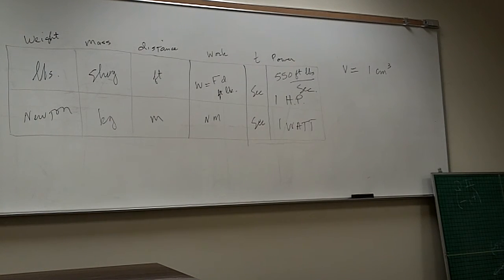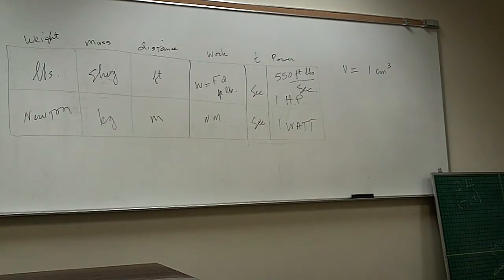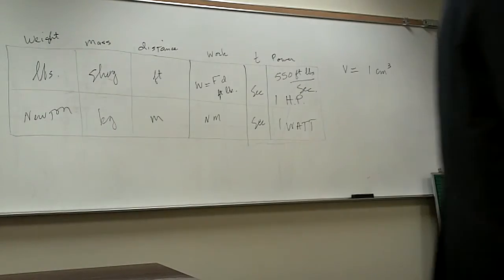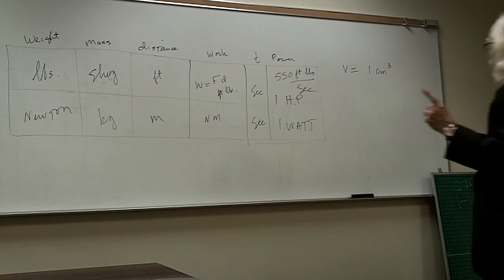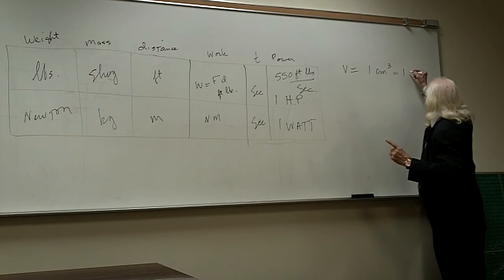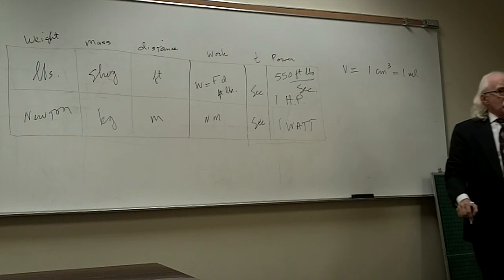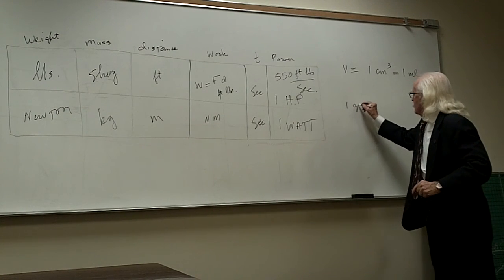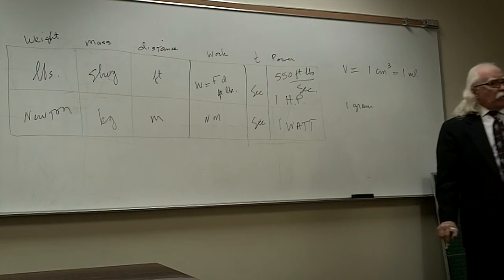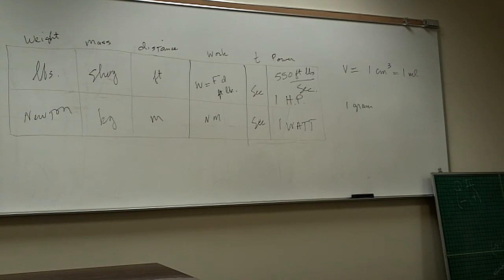That box will hold exactly 1 milliliter of water. And the mass of that 1 milliliter of water is 1 gram. And if you raise that 1 gram of water 1 degree Celsius, it costs you 1 calorie of heat.